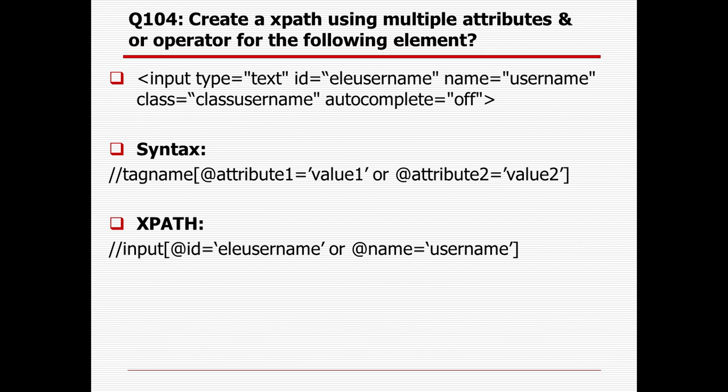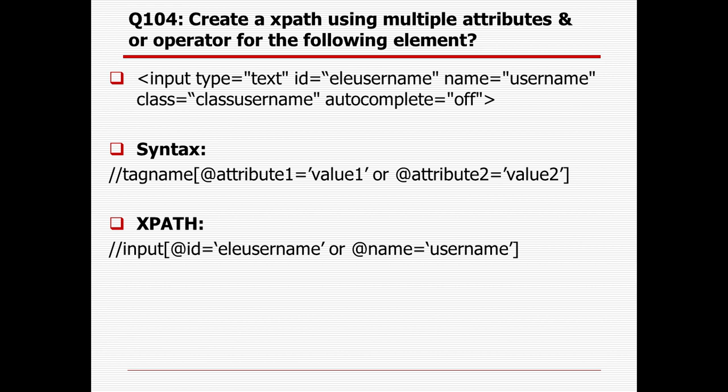How can we create an XPath using multiple attributes and the OR operator? First you need to understand why we use the OR operator. Suppose there are a lot of attributes, but sometimes some of the attribute values can change.